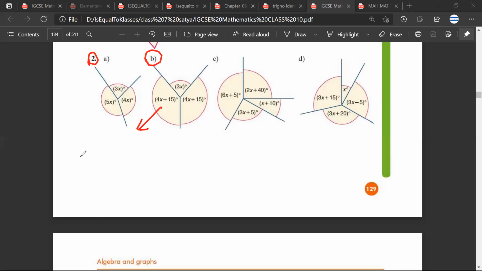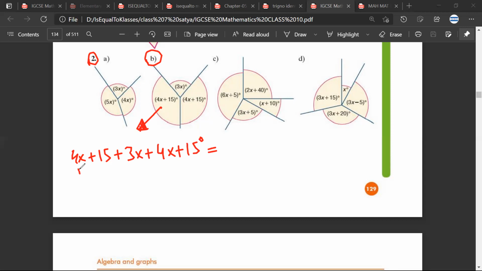So, sir, I did 4x plus 15 plus 3x plus 4x plus 15. So this would be equal to? So I took all the x together.